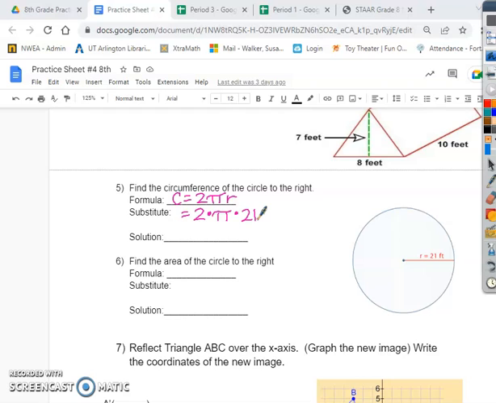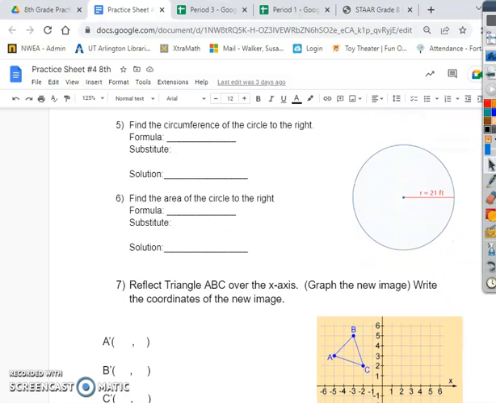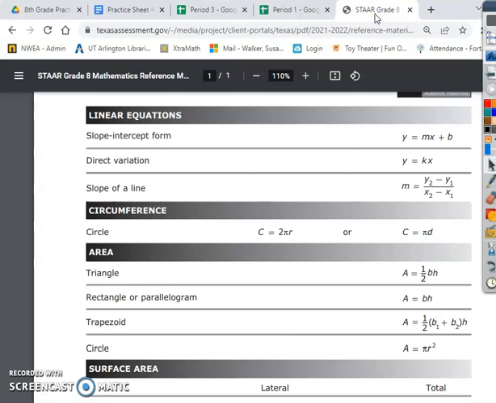And then number 6, the area of the circle to the right. Of course now I'm going to switch formulas. Area, A equals pi r squared.